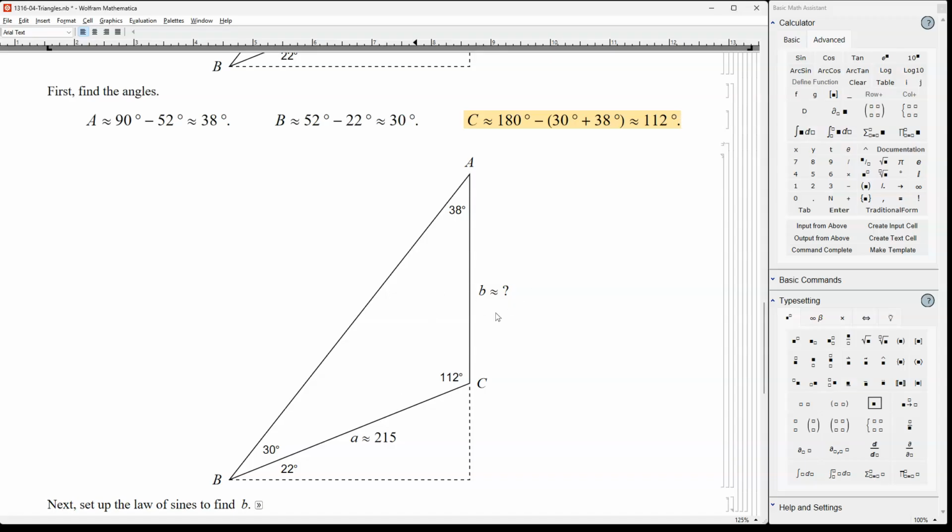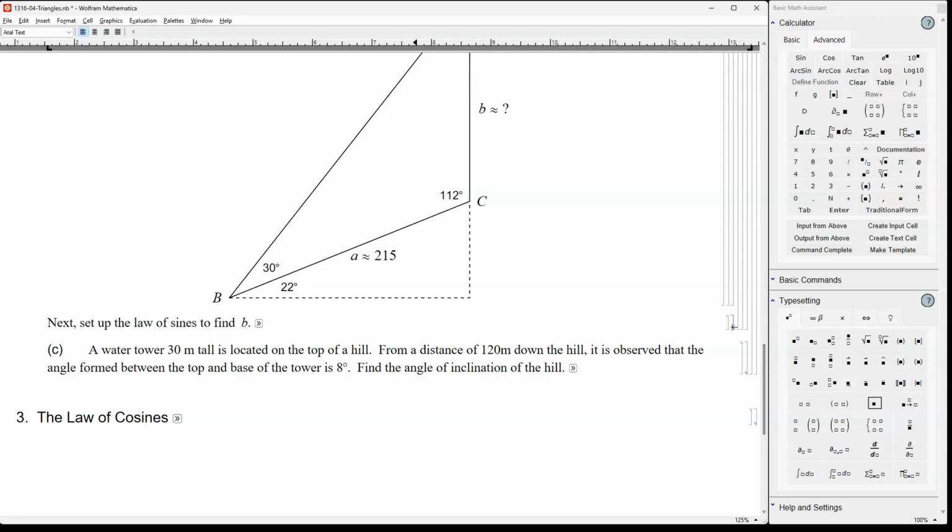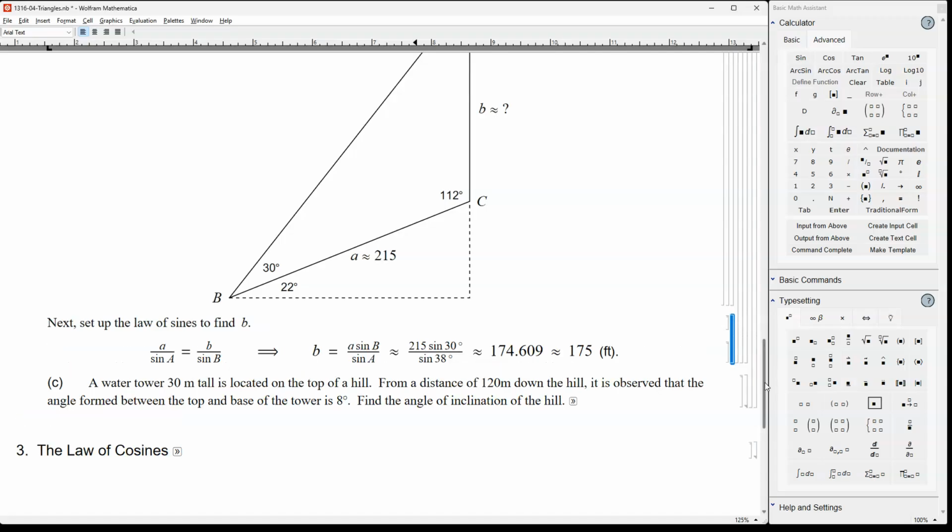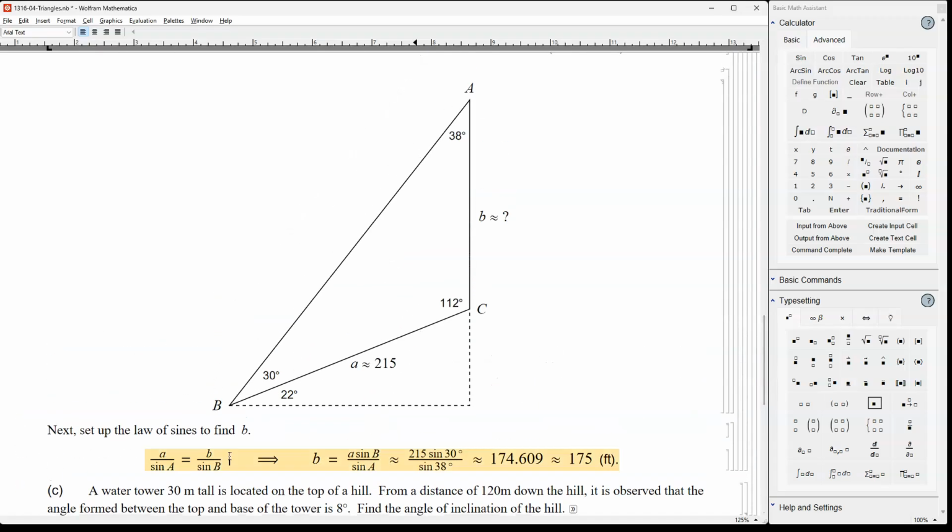And then we find b. Small a we know. We find b. Can you set up the law of sines and find b? No problem. a over sine A, b over sine B, and solve for b.